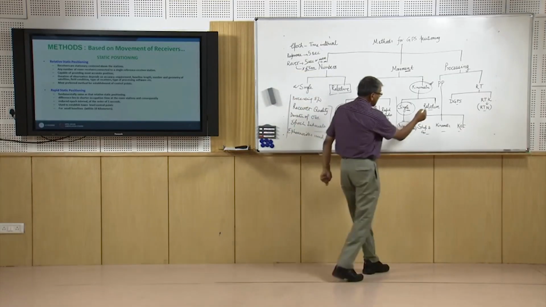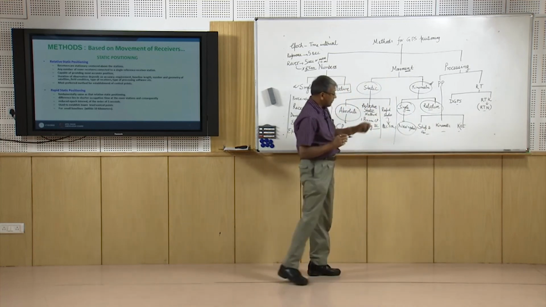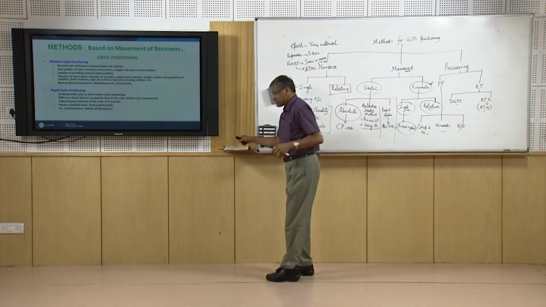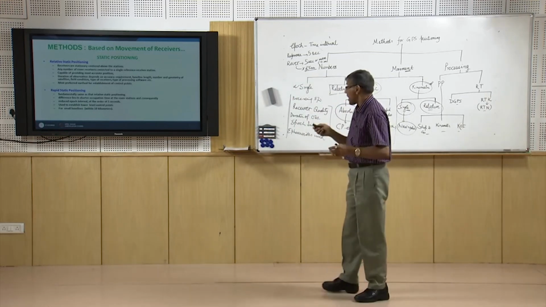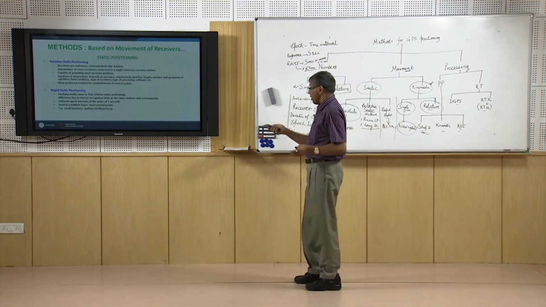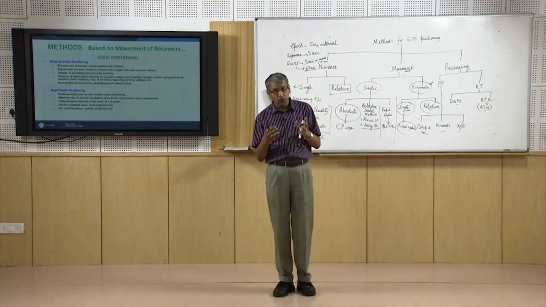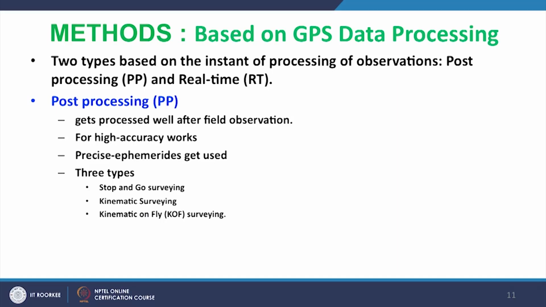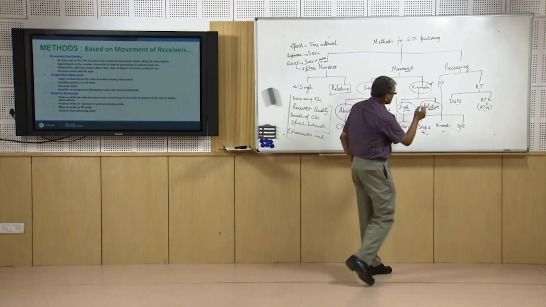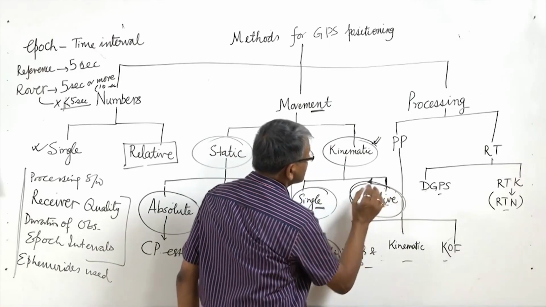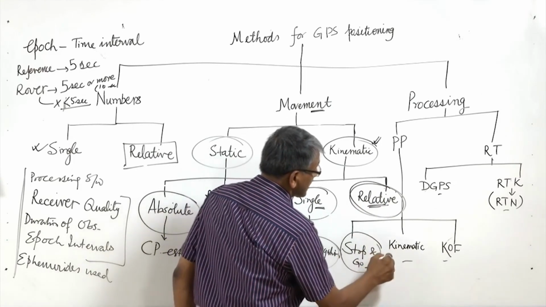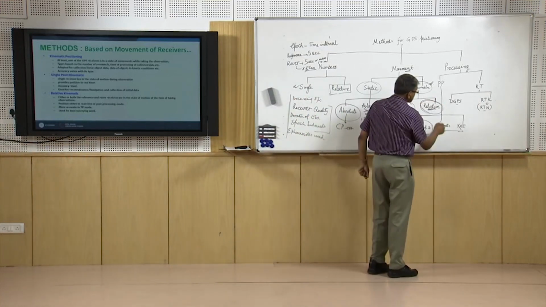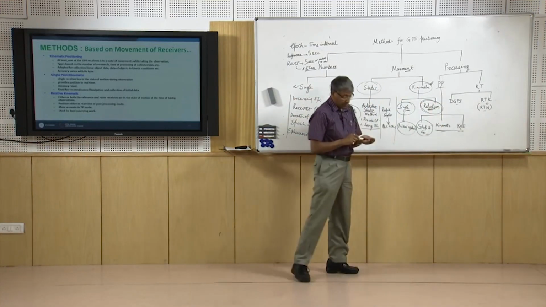Now in relative kinematic positioning, one of the receivers will be a reference station in a static condition, and the other, or more than one, will work as a rover in a kinematic condition. We will discuss this under the post processing methods.